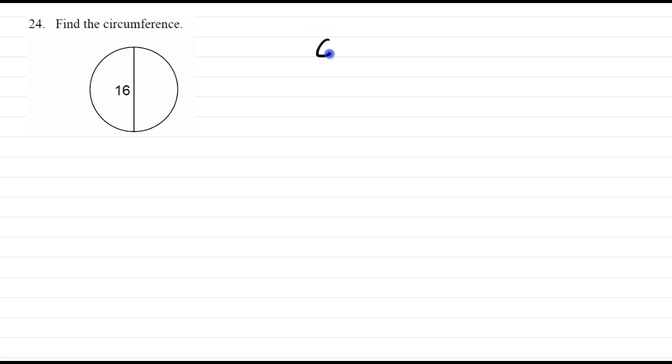All right, 24, find the circumference. This time we're going to leave it in terms of pi. So the formula is 2 pi r. Again, the radius goes from the center to the edge, where they give us all the way across.